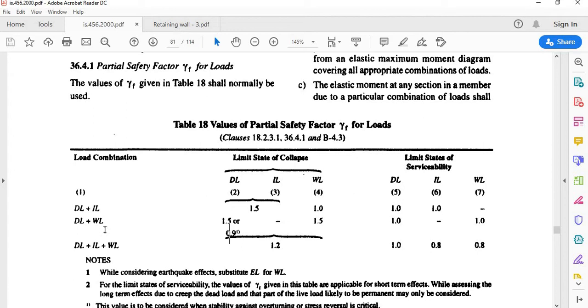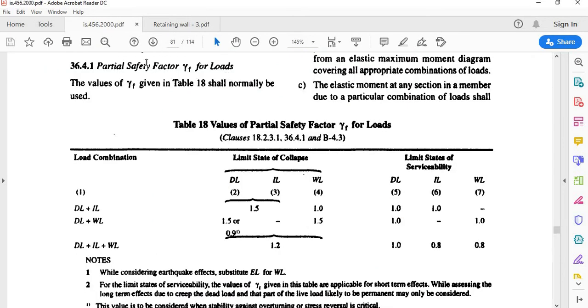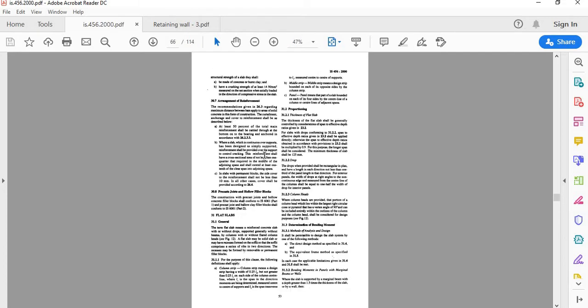So in stability check, lesser the gravity load or dead load, the more vulnerable the structure is to be unstable. That's why we are taking 0.9 times dead load. So here also the philosophy is something similar. Let me go back to the clause page number 20.